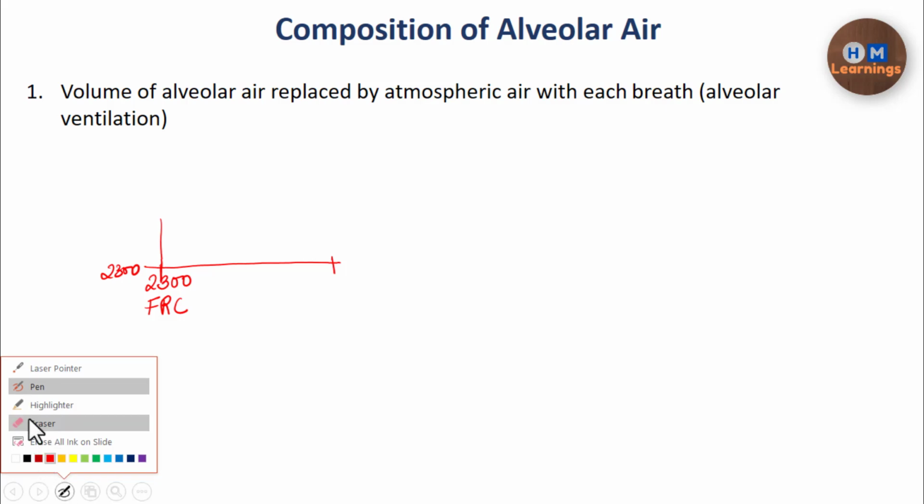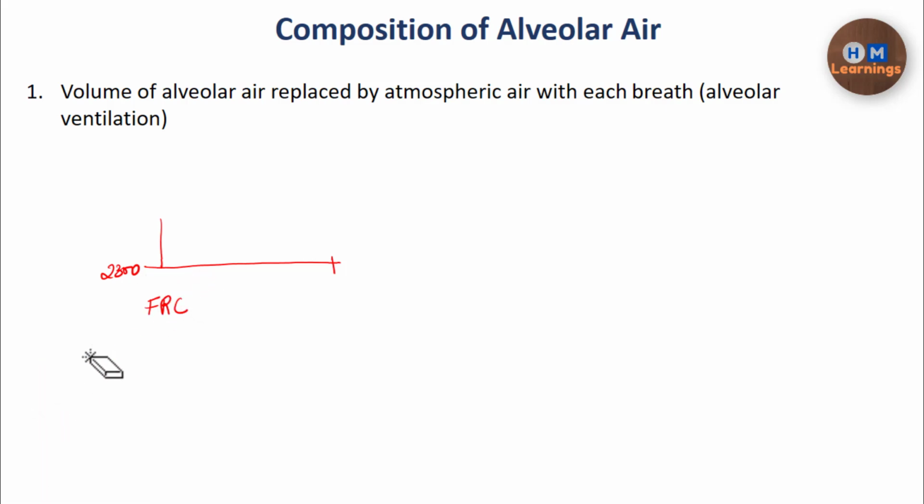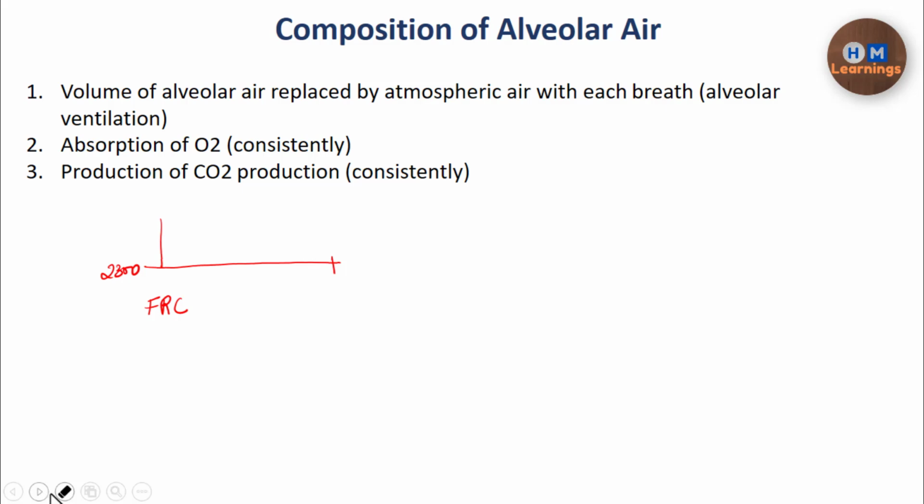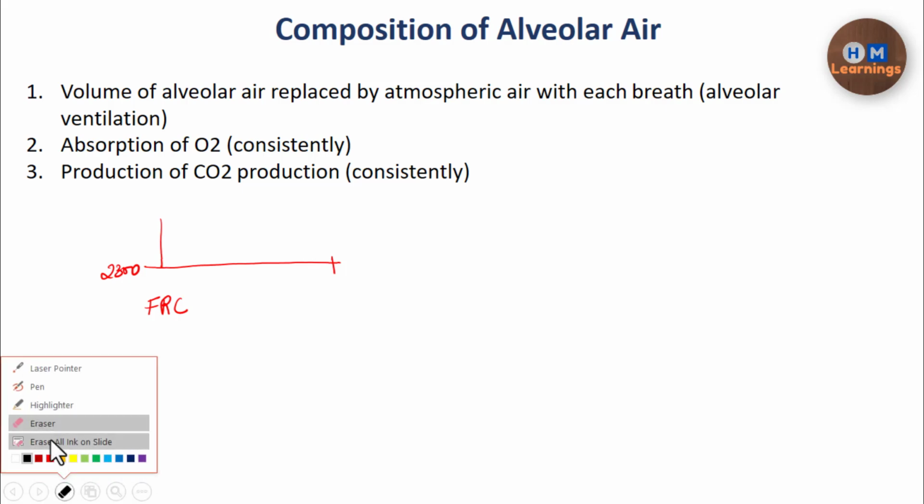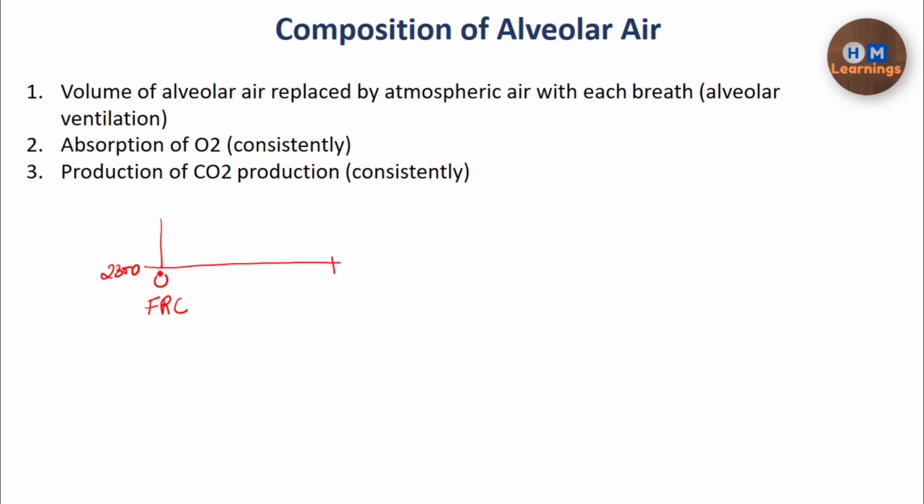At 0 seconds the volume in the lungs is 2300 ml, and when the inspiration starts, lasting for 2.5 seconds, the volume increases and reaches around 2650 ml. That is an increase of volume by 350 ml.